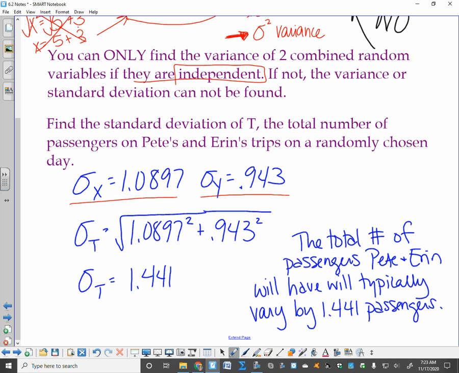So the standard deviation of the total is the square root of the variances added together. Then just take a second, type that in, and make sure you're comfortable with your calculator and getting 1.441. So the total number of passengers Pete and Aaron will have will typically vary 1.441 passengers from the mean.